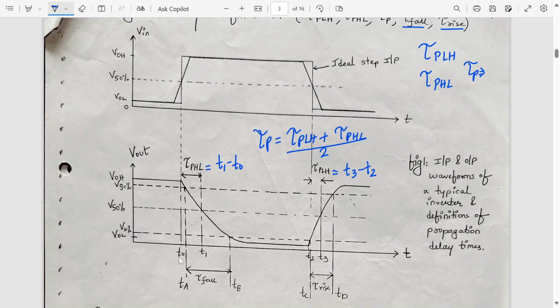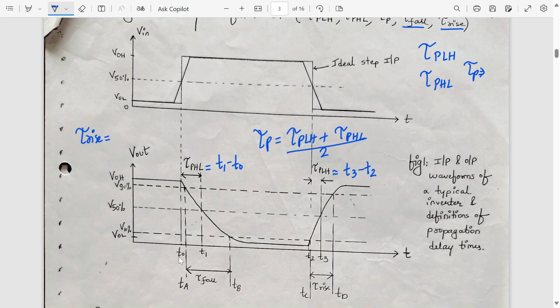Now we have a rise time and fall time definition also. Can anyone tell me how much is the rise time? Rise time is denoted by tau rise. Rise time will be the time it takes for the output to rise from 10% value to 90%.